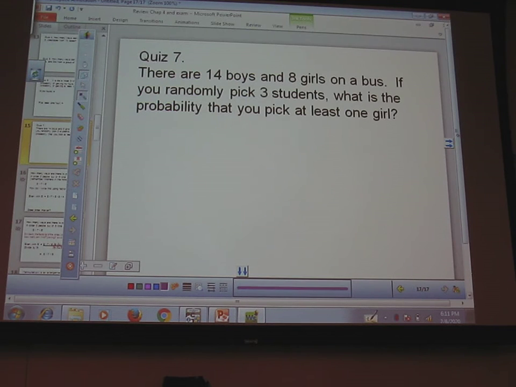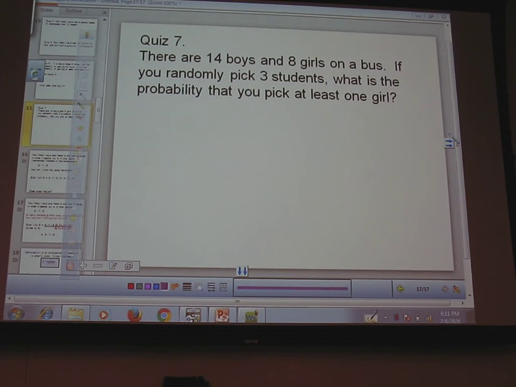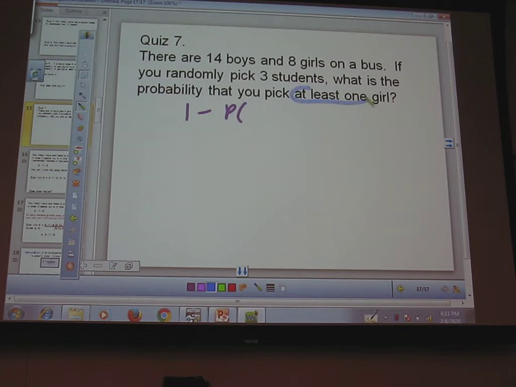Now, this one, 14 boys and 8 girls on a bus. What's the probability to pick at least one girl? So here, instead of finding at least one girl, you do 1 minus the probability of, and again, this one, at least one, instead you're going to write the word none, and then write the rest of it.